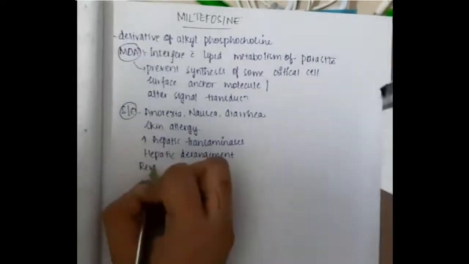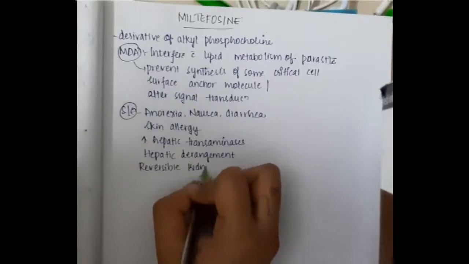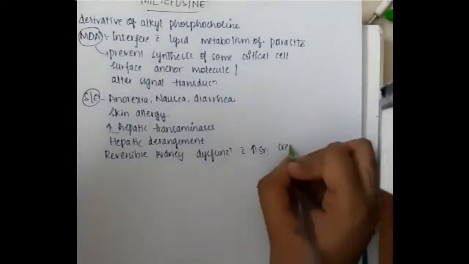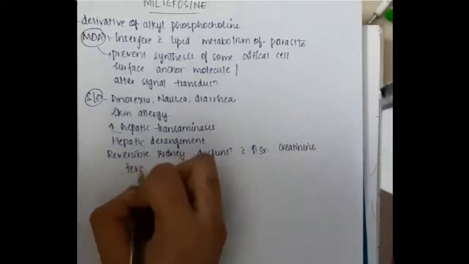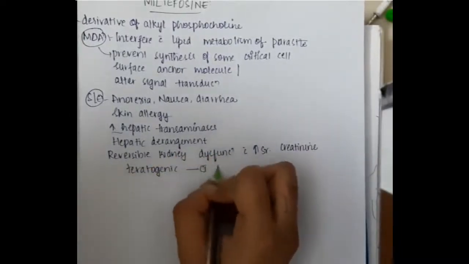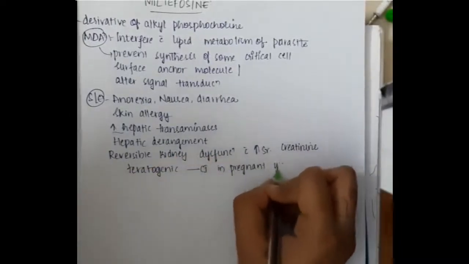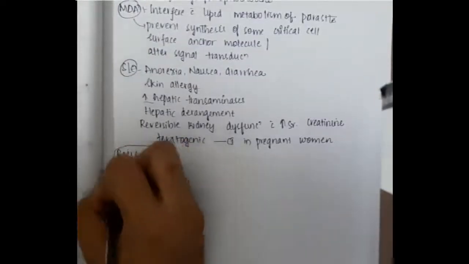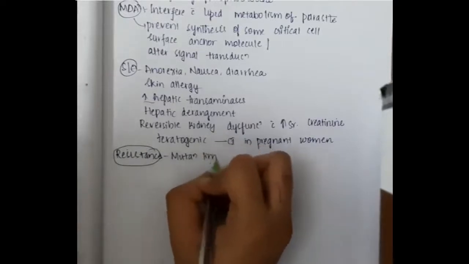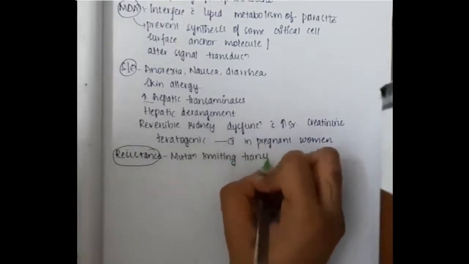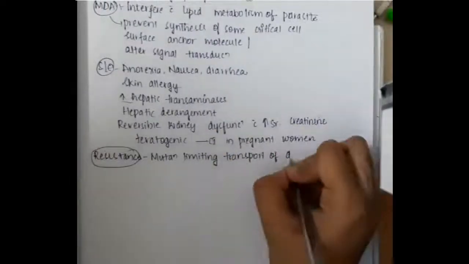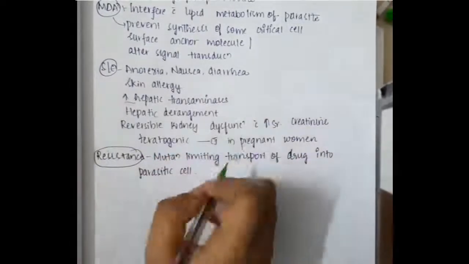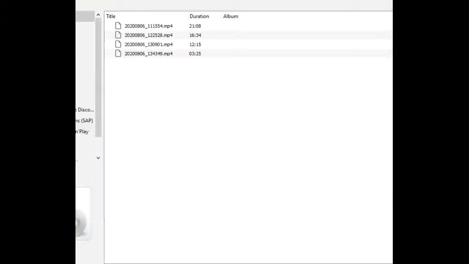It also causes reversible kidney dysfunction with increased serum creatinine levels. Miltefosine is also teratogenic, so it is contraindicated in pregnant women. Resistance to miltefosine occurs due to a mutation limiting the transport of the drug into the parasitic cell. So this is about miltefosine.